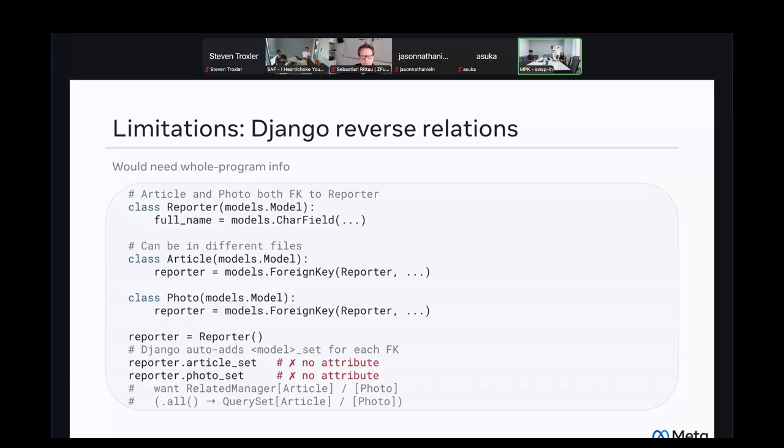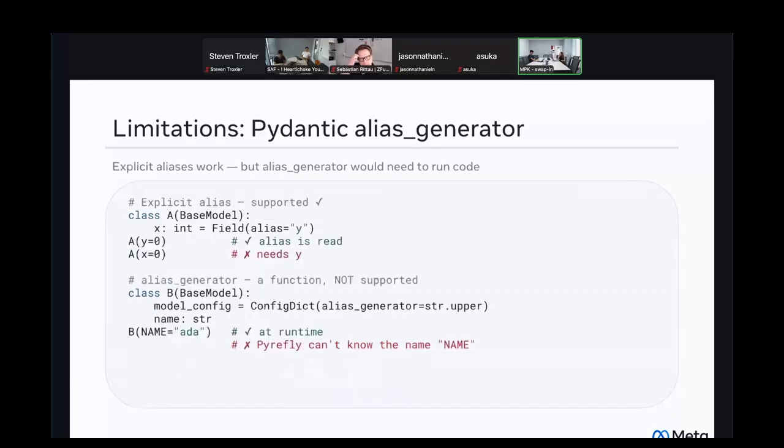So that is an example of something we left out, and MyPy was supporting it by looking at runtime information and the whole project structure. Another example is this alias generation functionality. What this does is generate alias names with a function, so you'd have to run the function to know the alias name. That didn't quite suit how we handle static typing, so we had to pause and leave it for later. But the plugin system could support it. So that's where there's a difference.